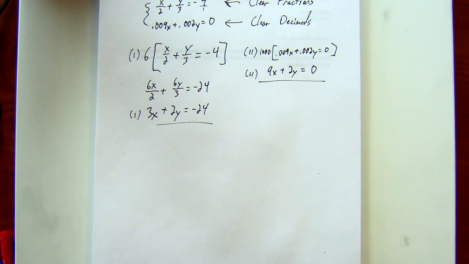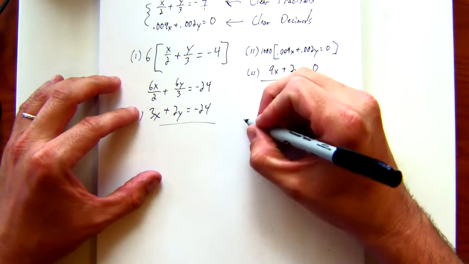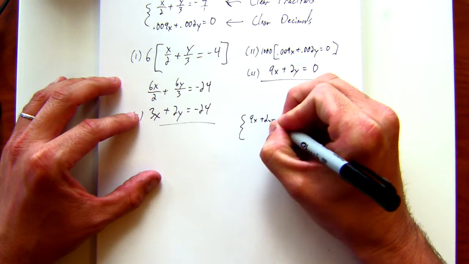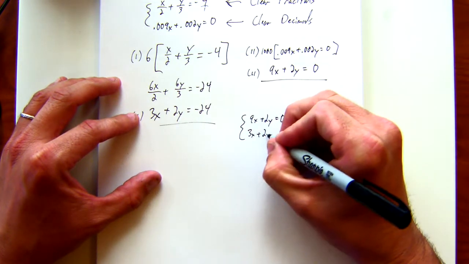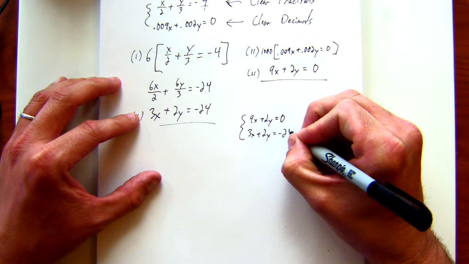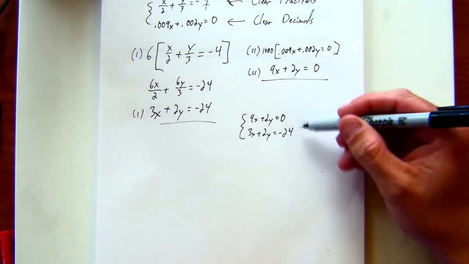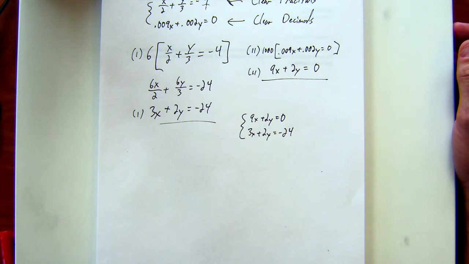Now looking at these two equations, if you want to rewrite this as a system, you can rewrite it. It doesn't matter which one you put on top, but you can just rewrite them as a system if that helps you. Now looking at this new system, out of the two methods, elimination or substitution, which one do you think we want to use?